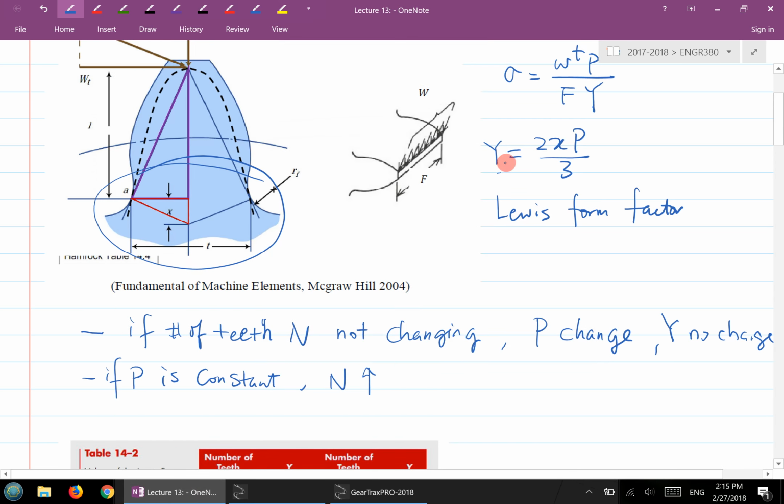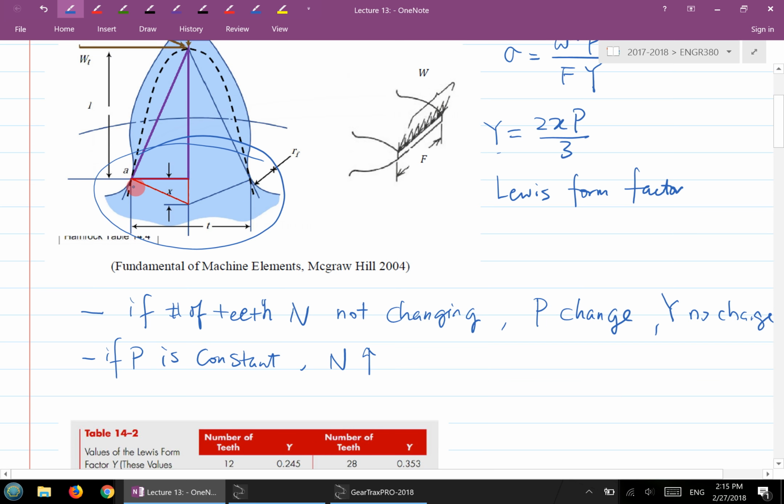Imagine the end of the tooth becoming wider; that x value will become bigger. P is not changing, so the capital Y value will actually increase. So what does that mean?